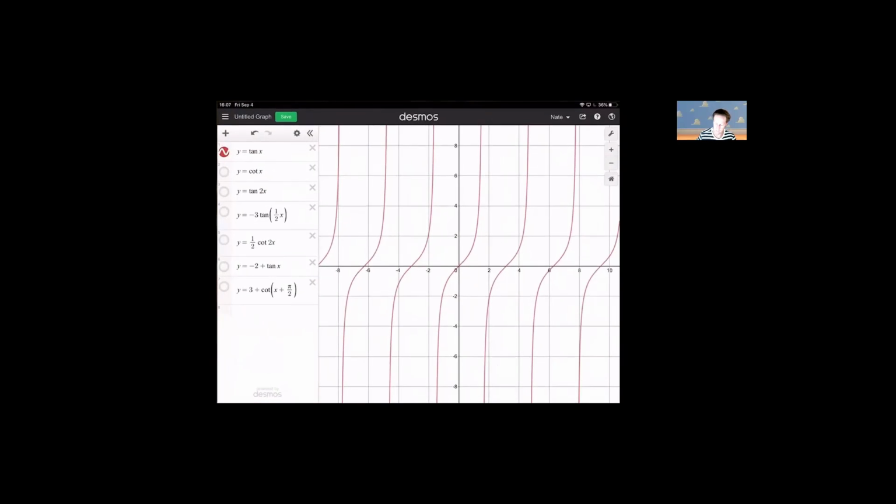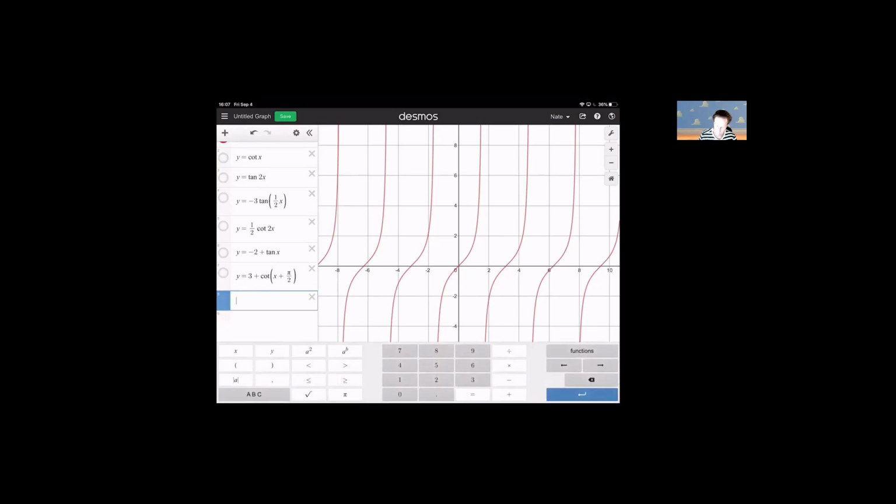So if I look at this and I'm looking at 1 1/2, you can see that that would be right around where a vertical asymptote would be. Which if I wanted to actually physically put that in, I could do another one and say that would be where x is equal to 3/2 everywhere. And you can see that's where that line would be, one of my asymptotes.